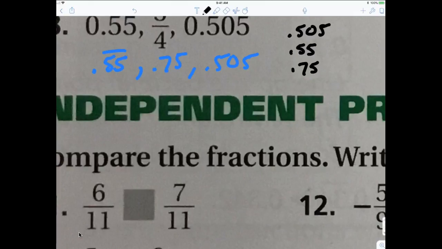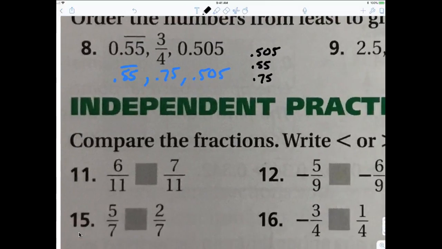Good. How would the 755 be less than the 75? That's why I put it second. But there's a 55 one and it keeps going on. Yeah, but again, that just means it's 0.555555.